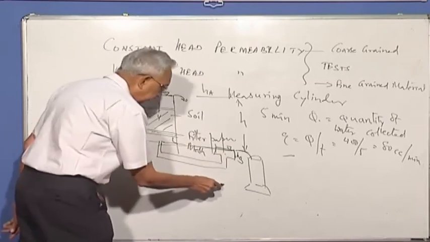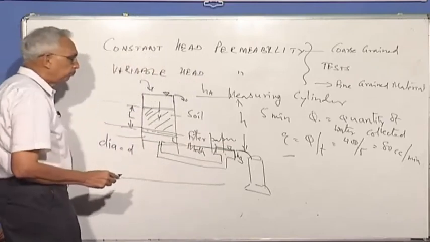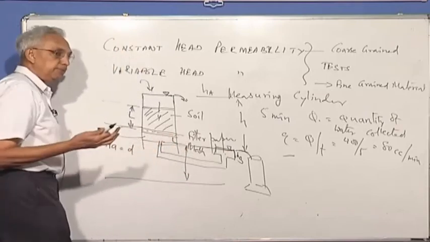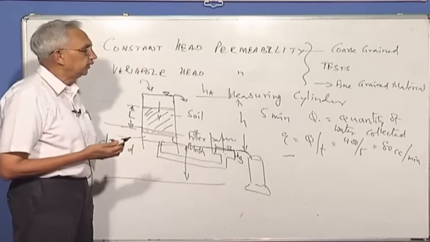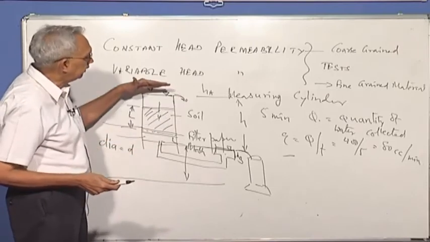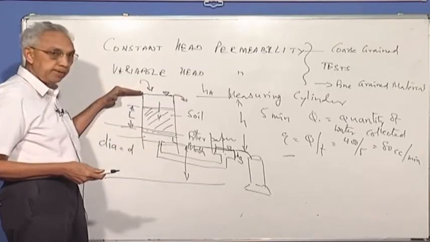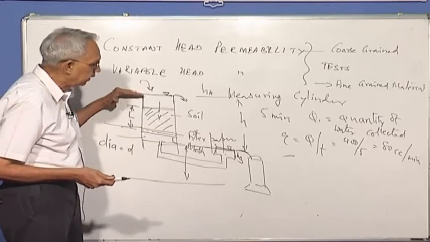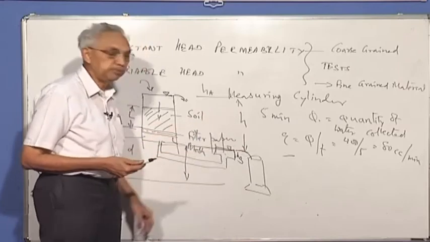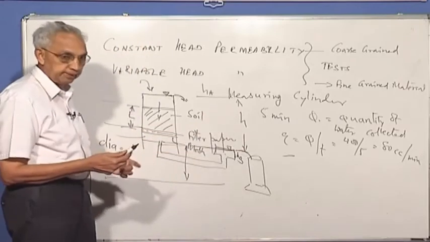It doesn't matter, you can take the datum anywhere, in which case the elevation head will just get added up. Shifting the datum will not change the head difference because you are only taking the difference. So what is the upstream water level at a height HA, and corresponding to the bottom is HB. So the difference between those two is the net loss.